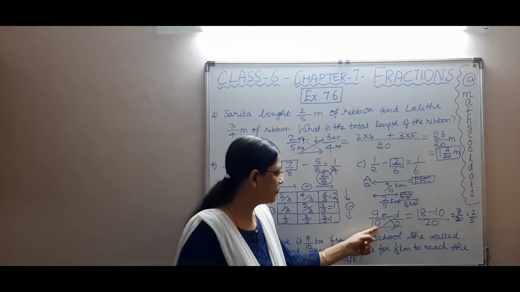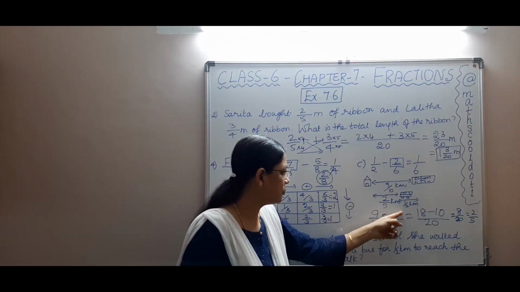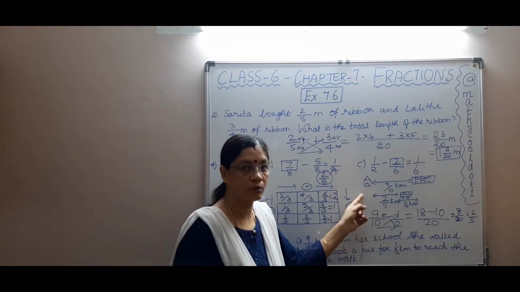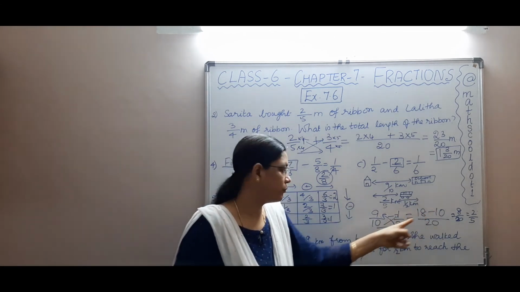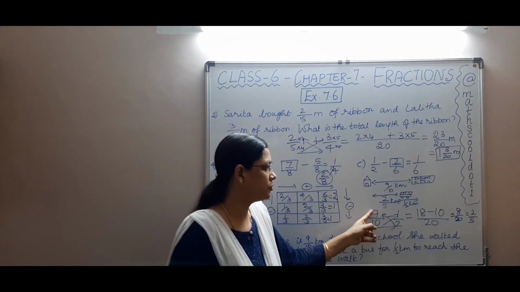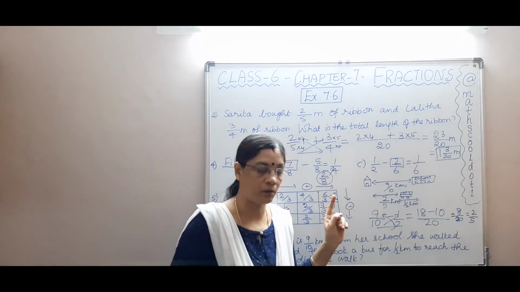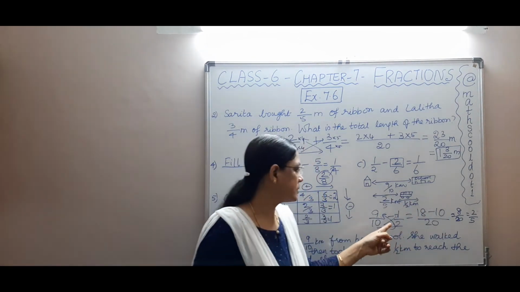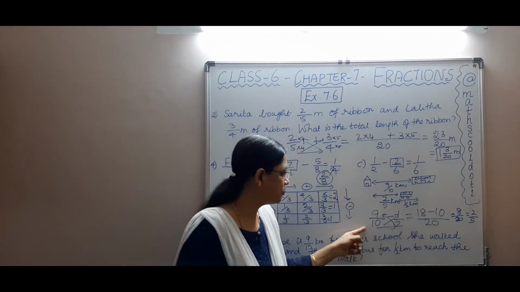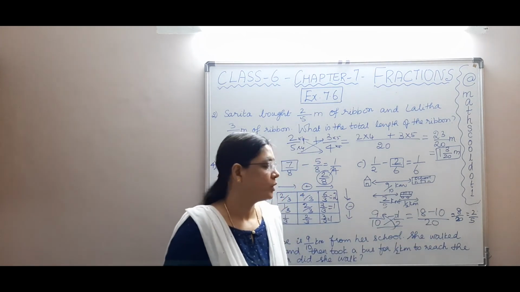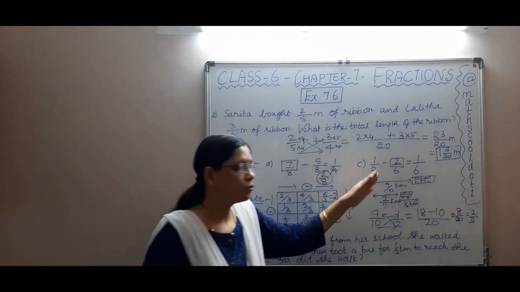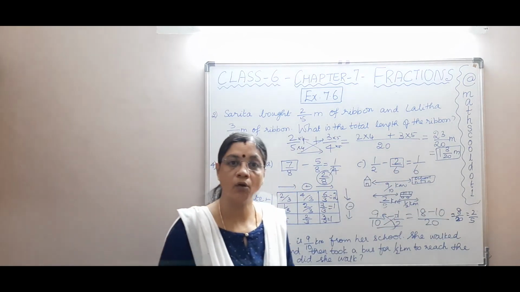If 1 is getting multiplied by 10, you put that answer in place of 1. If 9 is getting multiplied by 2, you put the answer in place of 9. Then you subtract, because subtraction is given here, 18 minus 10, and you multiply the denominators. 10 into 2 gives you 20, so that gets reduced to 2 by 5, and 2 by 5 is your answer, 2 by 5 kilometers.